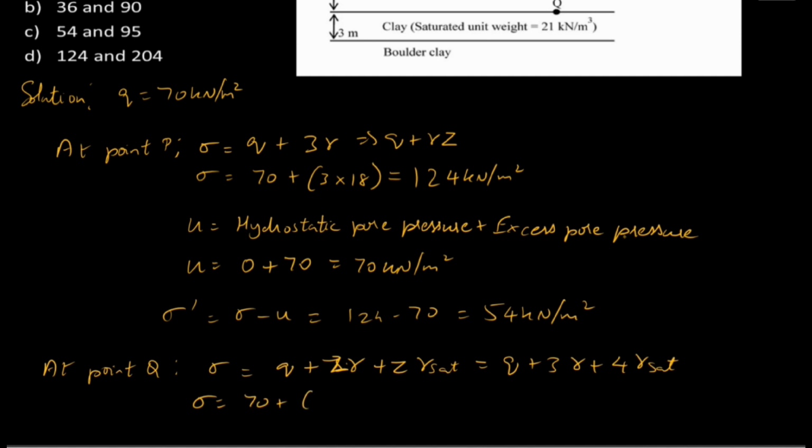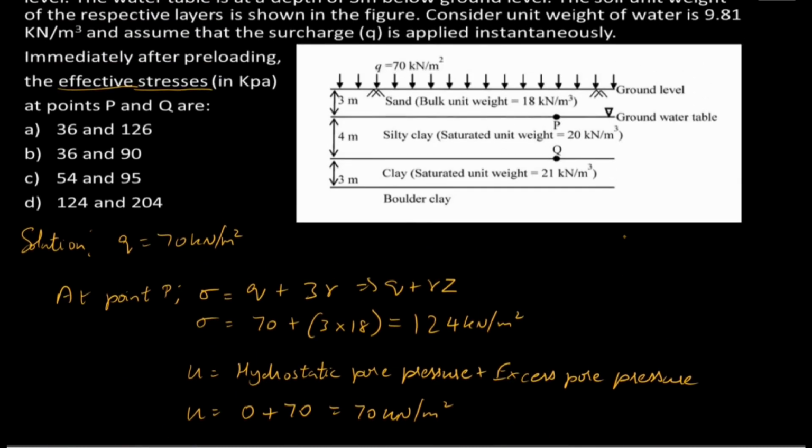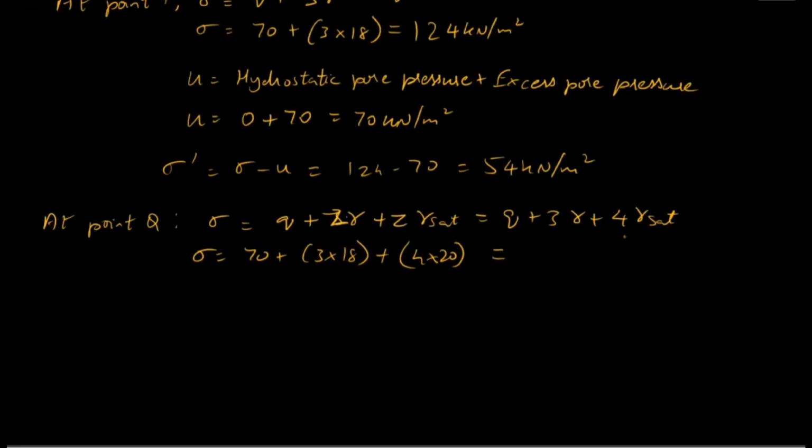Q is equal to 70, plus 3 gamma is 3 into 18, plus 4 gamma saturated is 4 into 20, which gives you 124 plus 4 into 20, 80, which gives you 204 kilonewton per meter square.